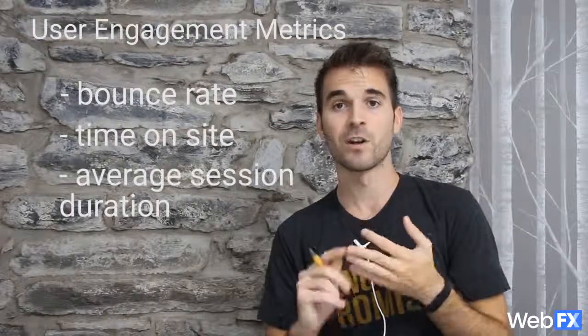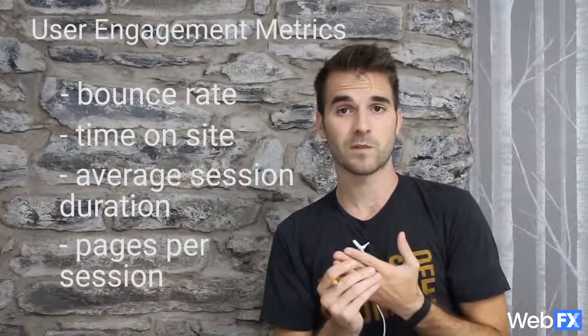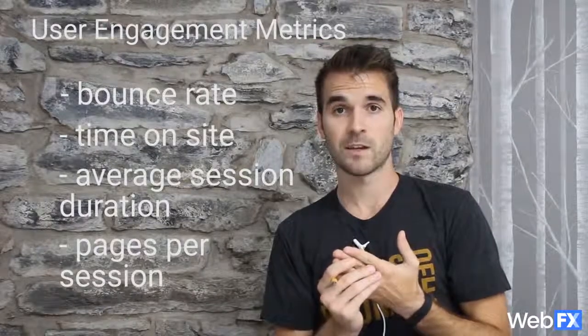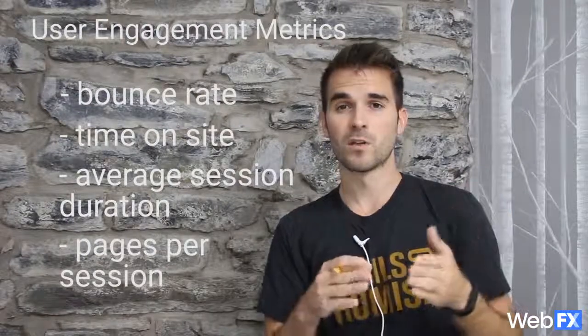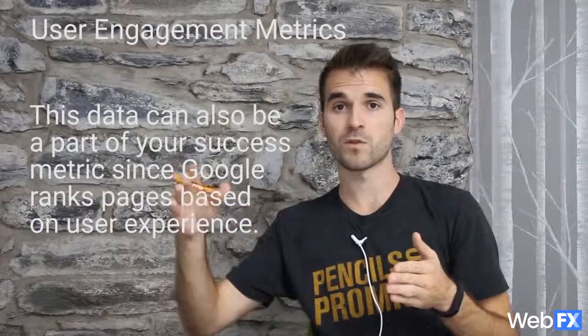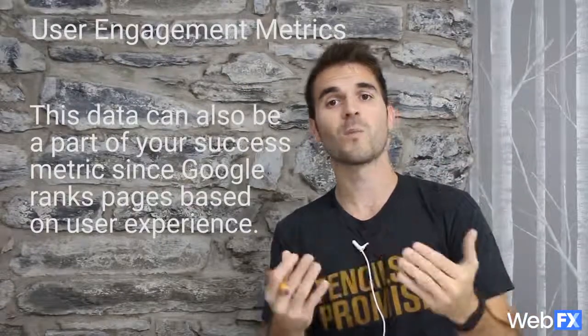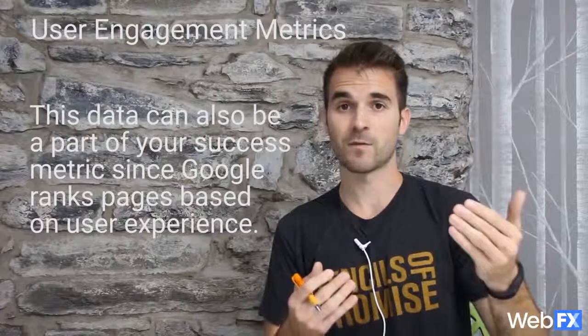So when you're paying attention to things like bounce rate or time on site or average session duration, or even pages per session, those types of things are playing into how Google is ranking certain web pages and websites nowadays, and will probably continue into the future. So keeping an eye on those trends and measuring the change in performance over time could also be part of your success metrics. Or if they're in the red or going negative, it's something to look at to see what can we do to turn this around and make it a positive for us.